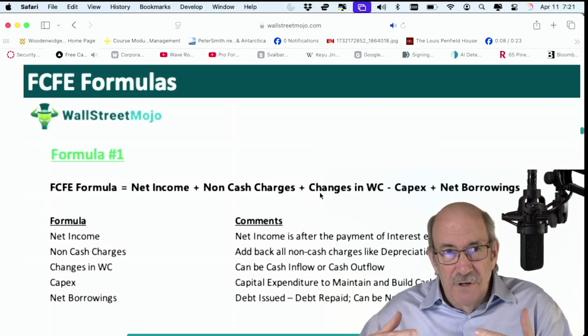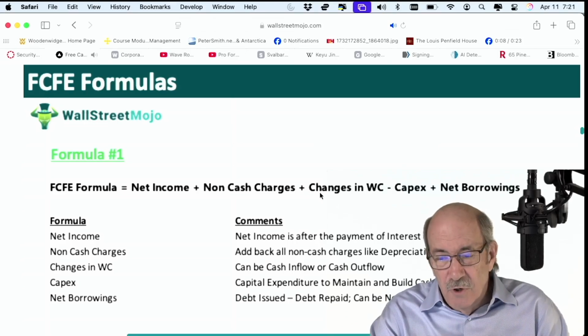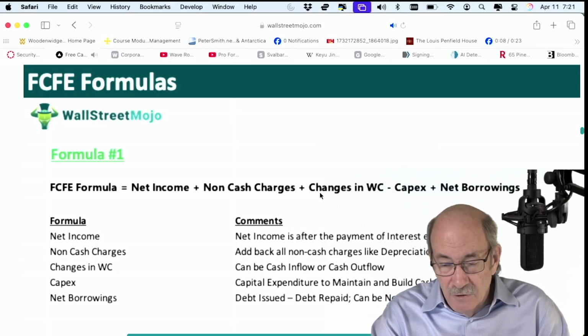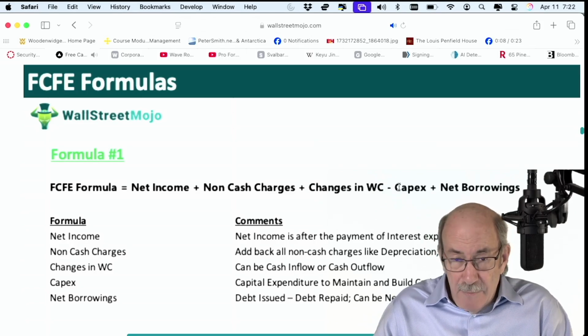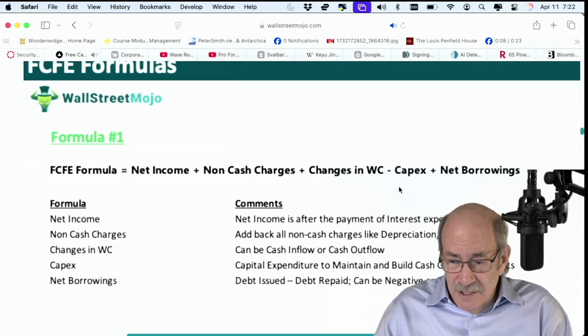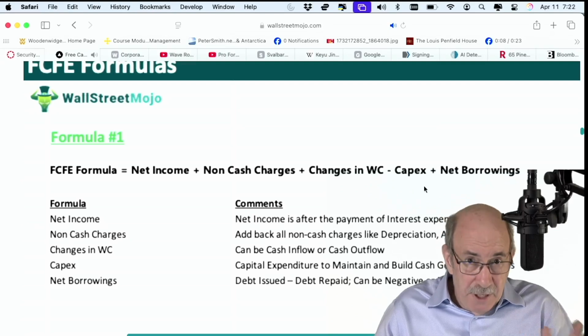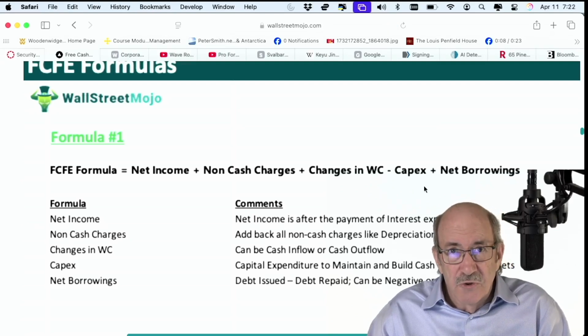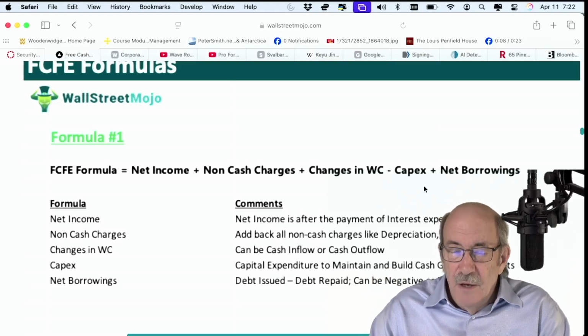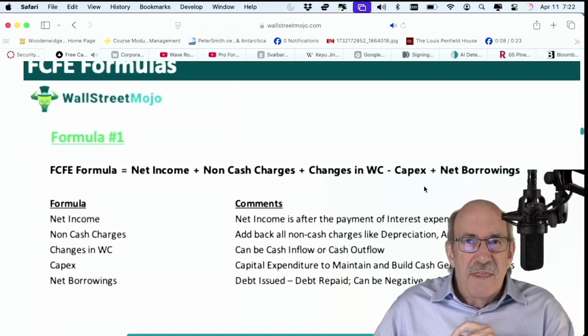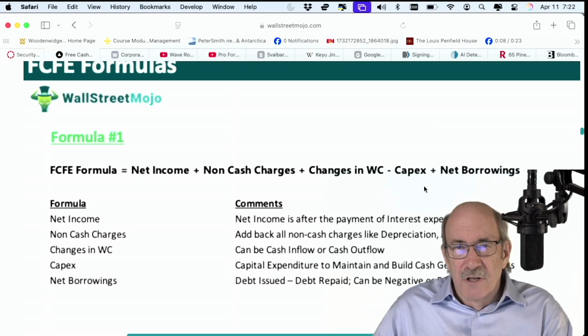As we increase revenues, it's not unusual for net working capital to increase as well. CapEx is also a negative, typically. That's because we're usually expanding. We're adding to the plant, property, and equipment. Net borrowings, that could be positive or negative.